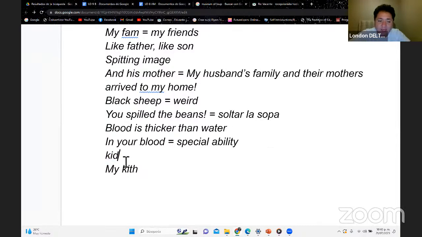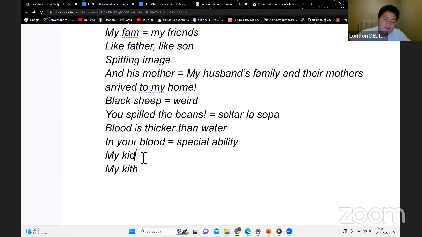Porque acuérdense que child puede ser hijo también. Entonces, si dices my child, pues es mi hijo, y el hijo puede tener quizá 30 años. Dirías my child, pero no podrías decir my kid si ya tiene 30 años. Entonces, kid quiere decir que es un niño.